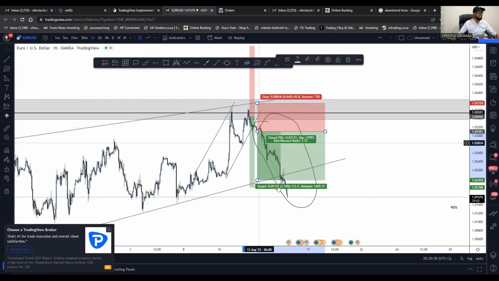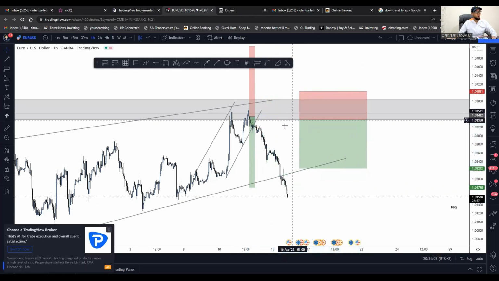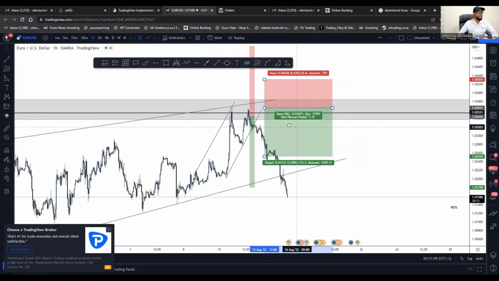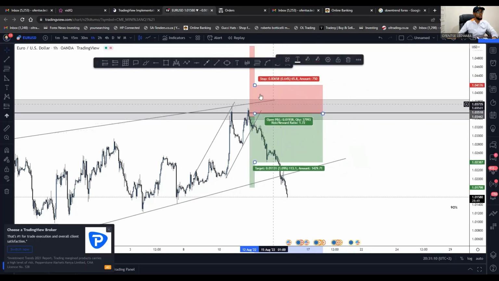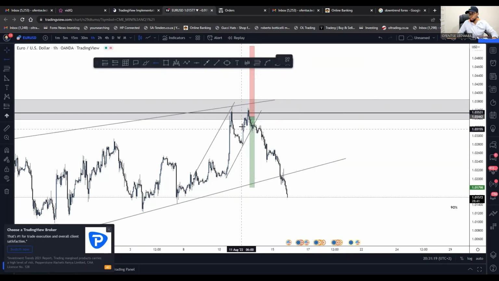So we are targeting it all the way down. When it broke here, it triggered my sell stop, but I was already in profit. And then as it went down, I kept on decreasing my risk. So now my risk currently, let me look, it's around here.